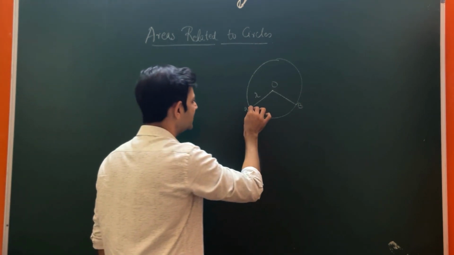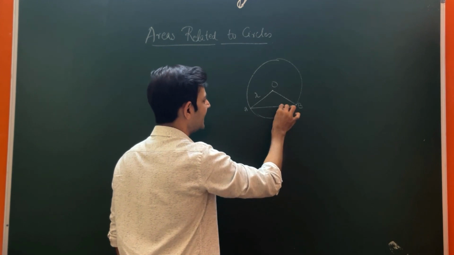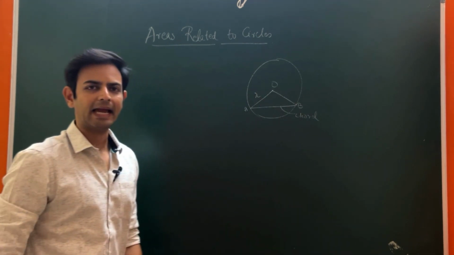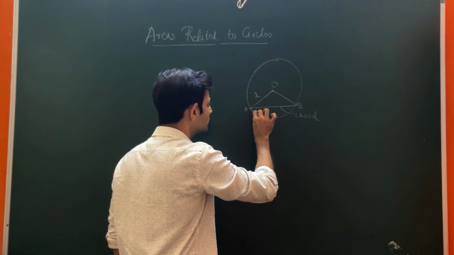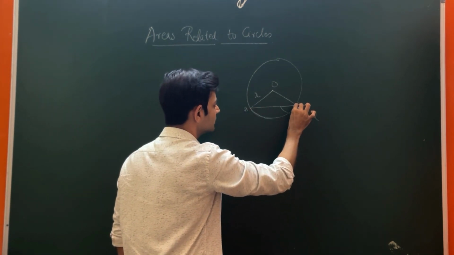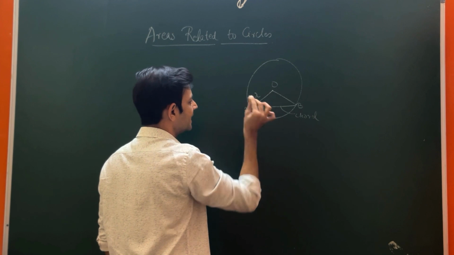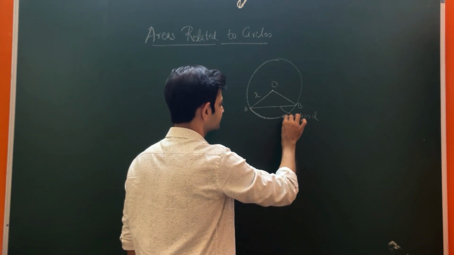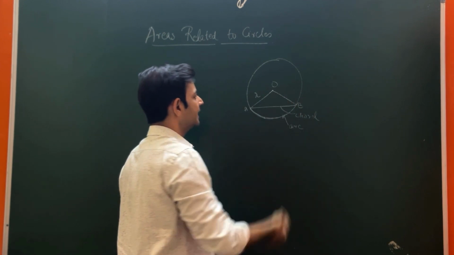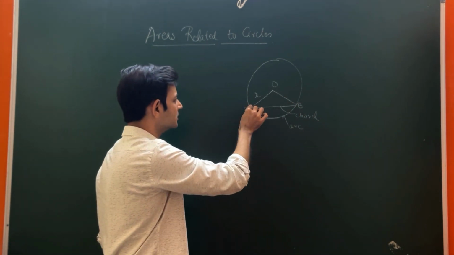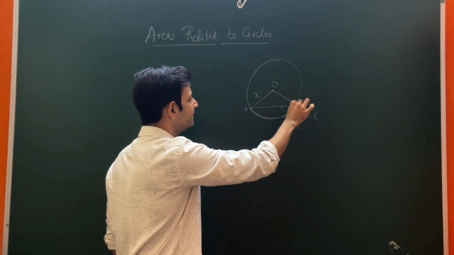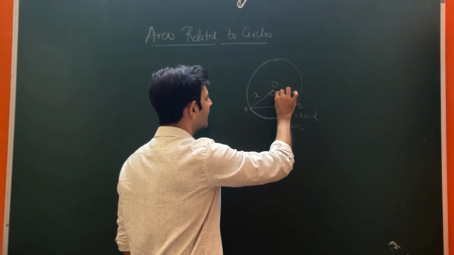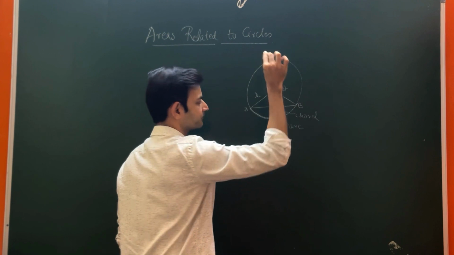If I join AB, it becomes the chord of the circle, and this length of AB from here is called the arc. Now, if you see here angle AOB, AOB is forming an angle. We denote this angle by theta.